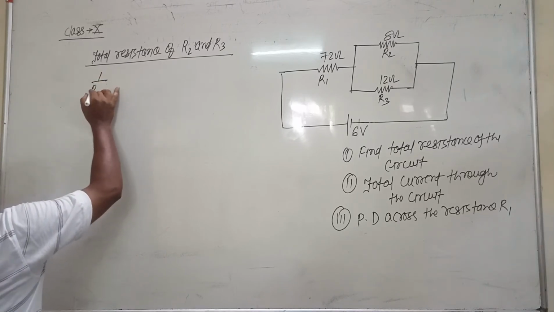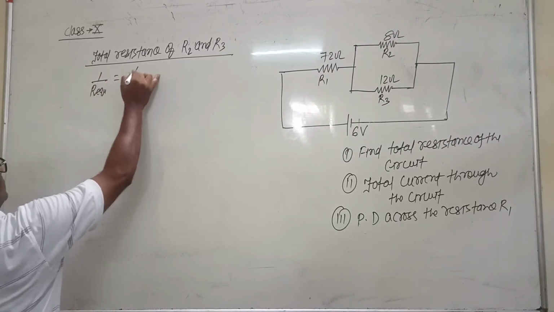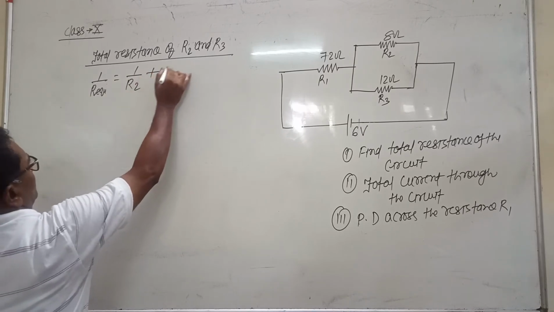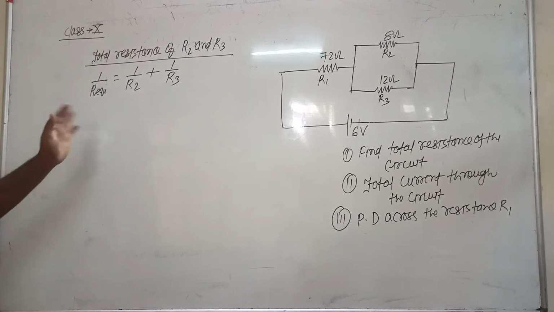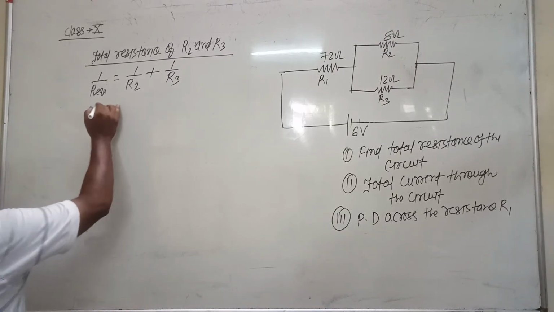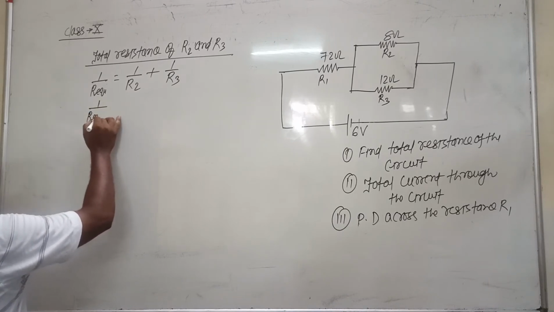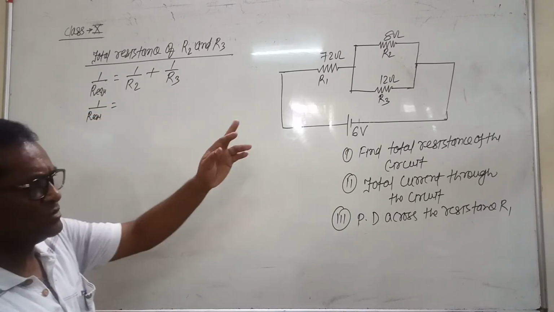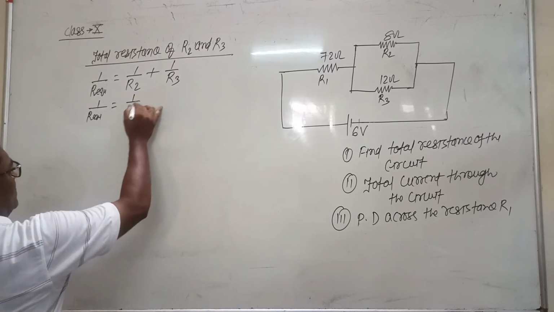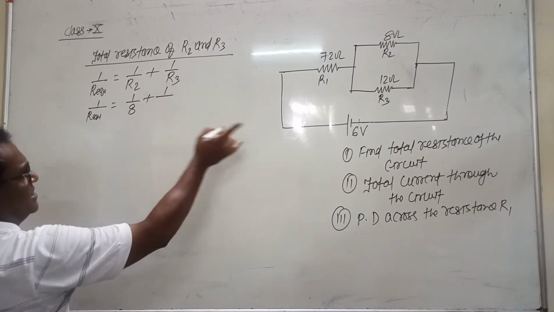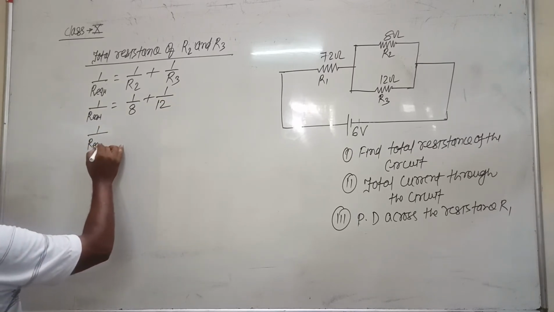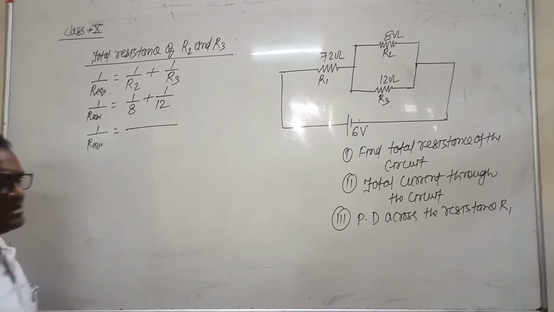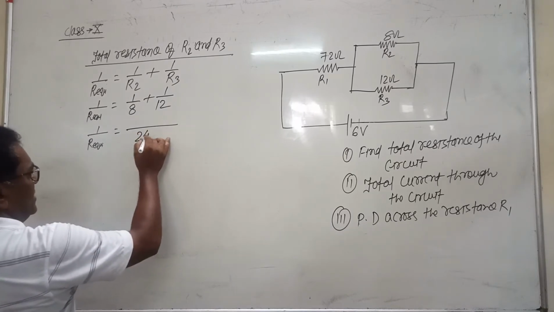1 by R equivalent equals 1 by R2 plus 1 by R3. We use the formula for the total resistance of a parallel combination. The value of R2 is 8 ohm and the value of R3 is 12 ohm. So 1 by R equivalent equals, taking the LCM of 8 and 12, it is 24.